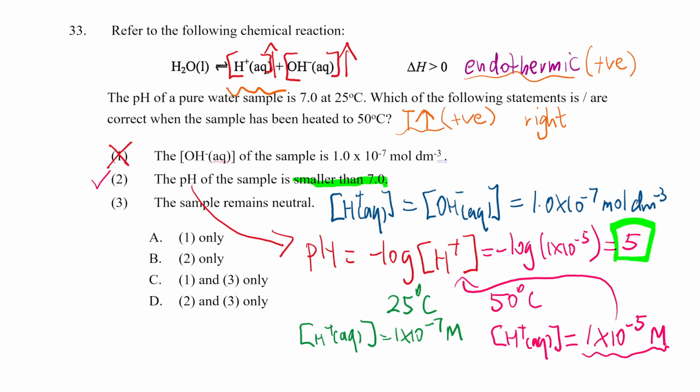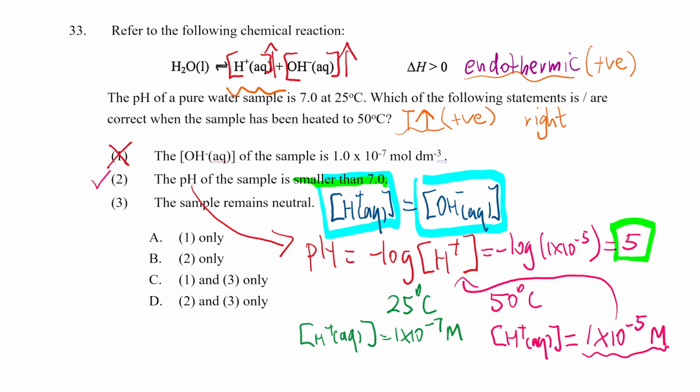Is that true? Yes, it does remain neutral. Because remember, at the end of the day, as I wrote here, the concentration of hydrogen ions is going to be equal to the concentration of hydroxide ions. So even though right now the pH is 5, you're like, sir, it doesn't make sense.